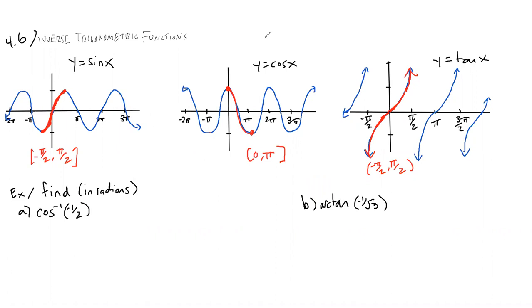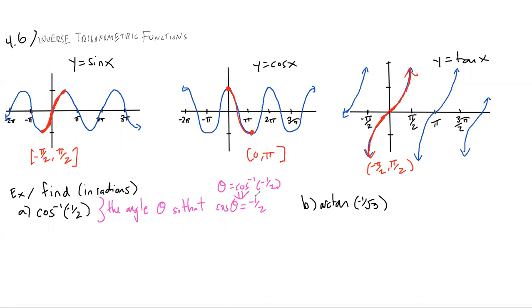So cos to the -1 of -1/2 means the angle theta so that cos theta equals -1/2, right? If we had theta equals cos to the -1 of -1/2, it's just swapping this equation for its inverse equation. The input becomes the output and vice versa. So that's exactly what this means.